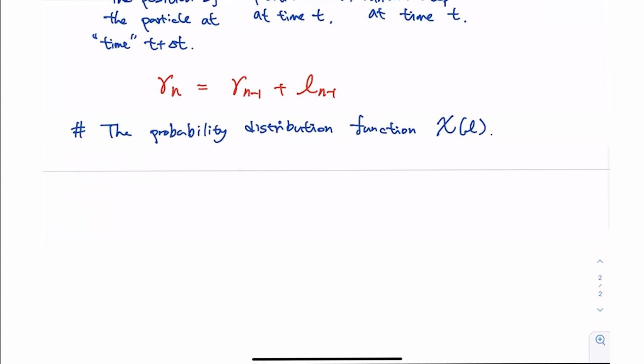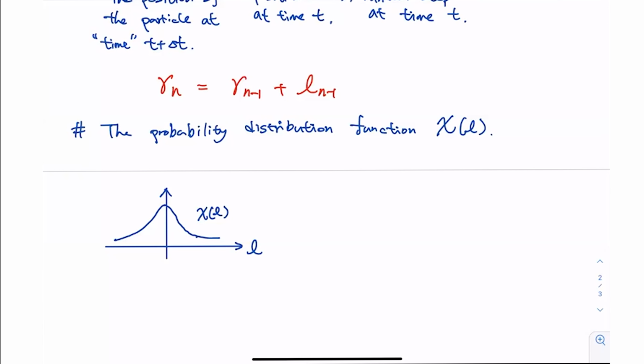If I just randomly draw a figure, maybe this is the chi of L of our system. What does that mean? It just means that this function gives us the probability for this particular step size.